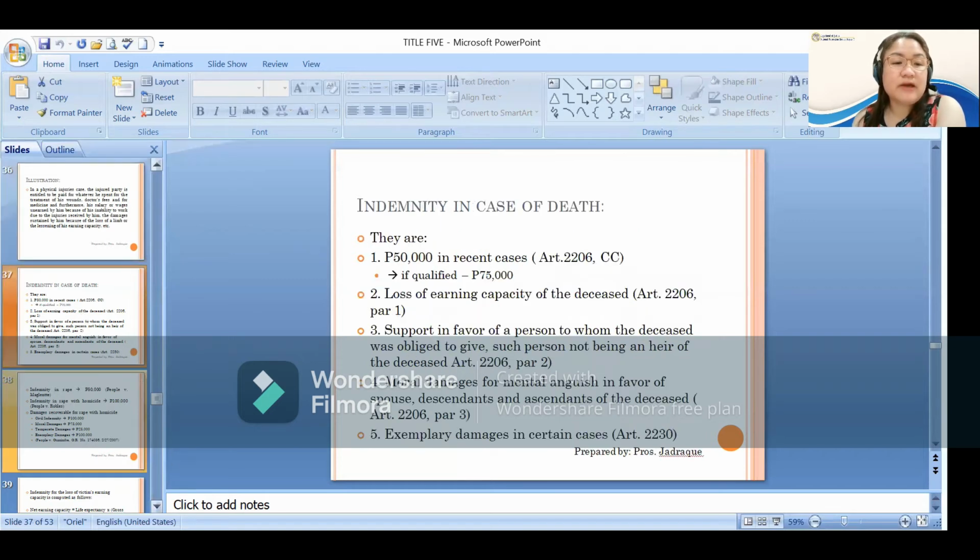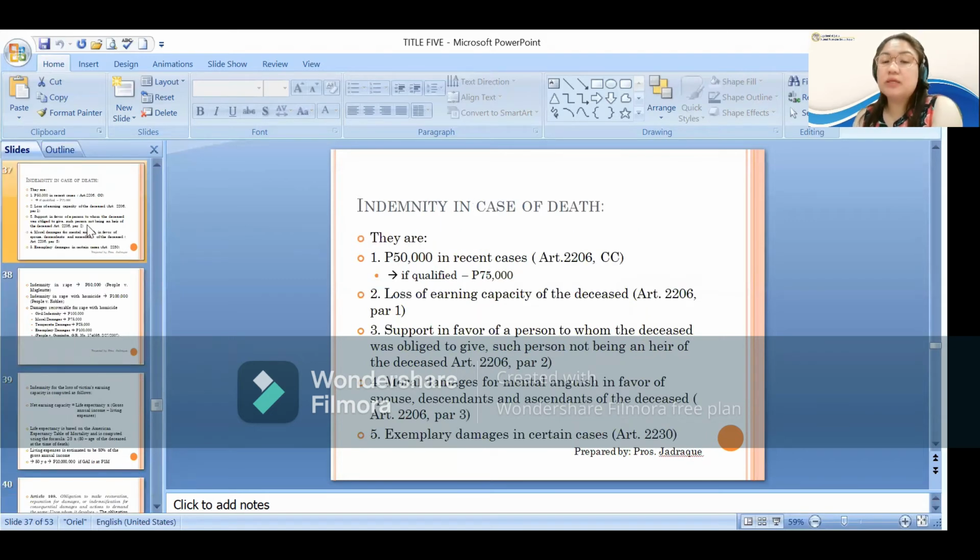Now, last time I mentioned indemnity in case of death, and I told you that under the law, the law that actually provides for indemnity in case of death is the Civil Code, and the same is pegged at the amount of 3,000. And the Supreme Court has increased it through cases decided by them, and now it is set at 50,000 pesos.